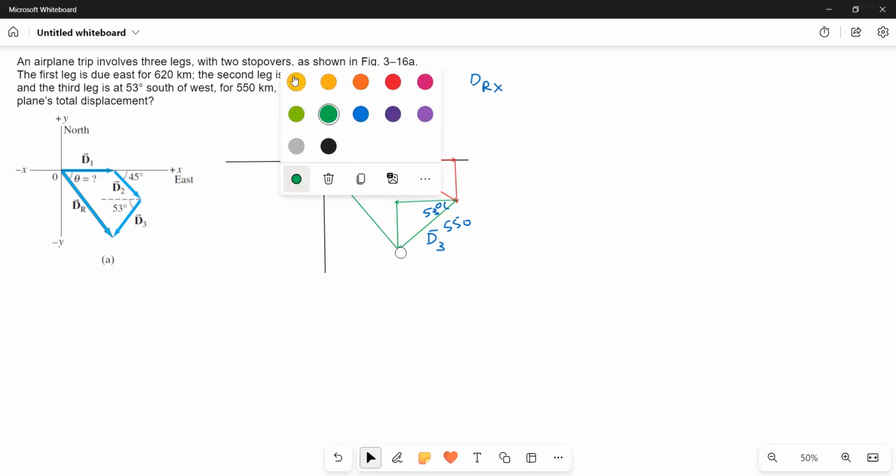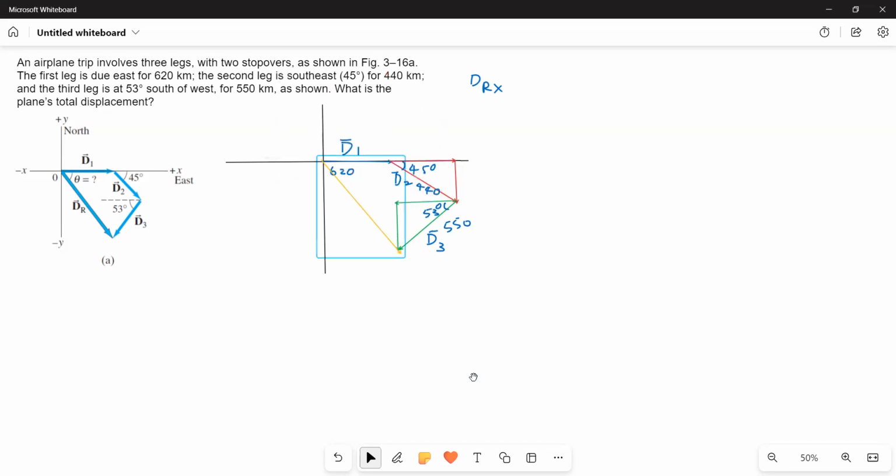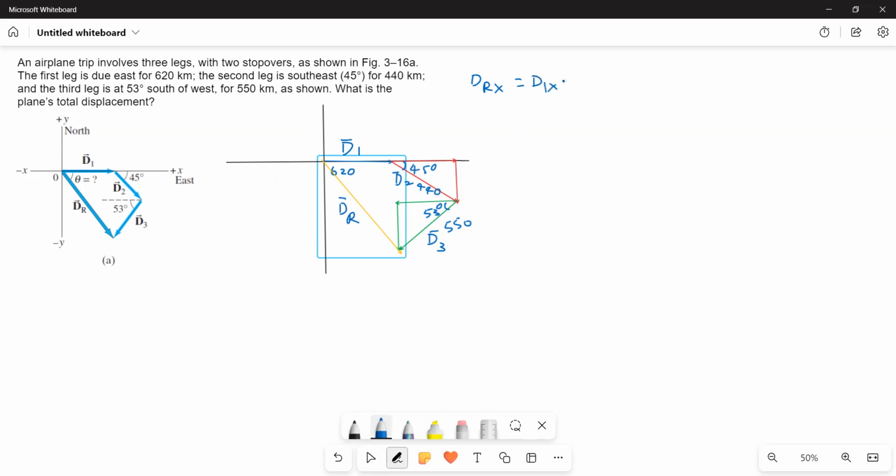I will show this with this color. Now, we have to find drx. This is dr, the resultant displacement. Resultant displacement drx is equal to d1x plus d2x plus d3x.